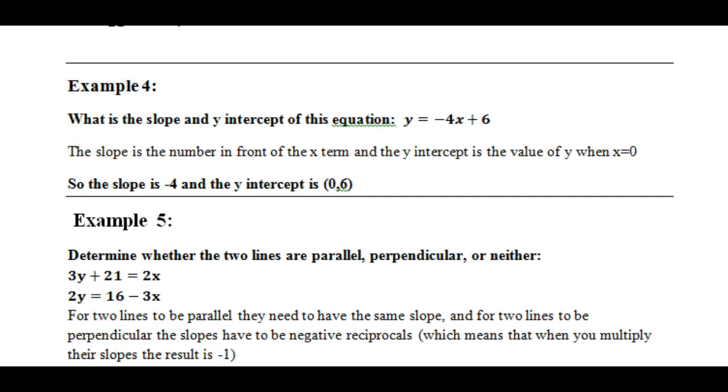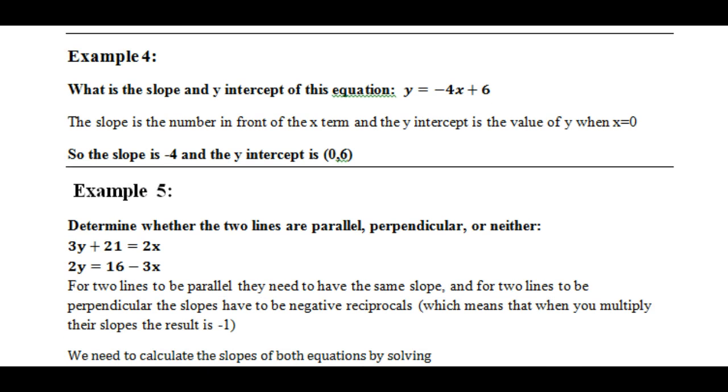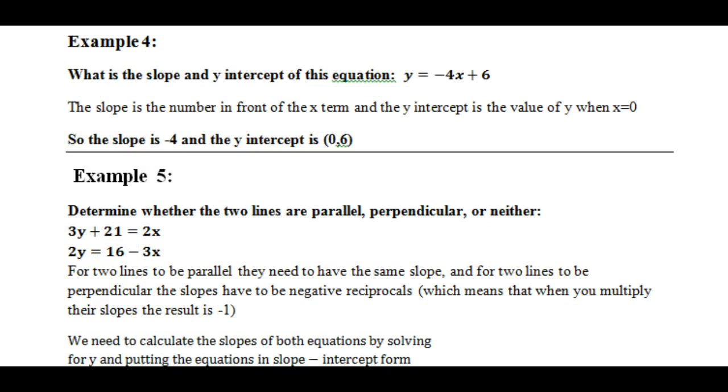Okay, let's look at example 4 now. What is the slope and y-intercept of this equation? Now this equation is in the slope-intercept format. So the slope is always the number in front of the x term, and the y-intercept is the value of y when x equals 0. Okay?